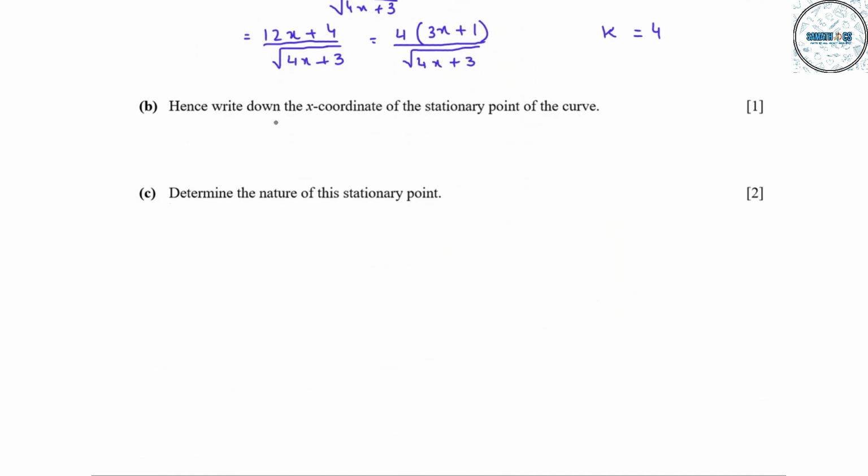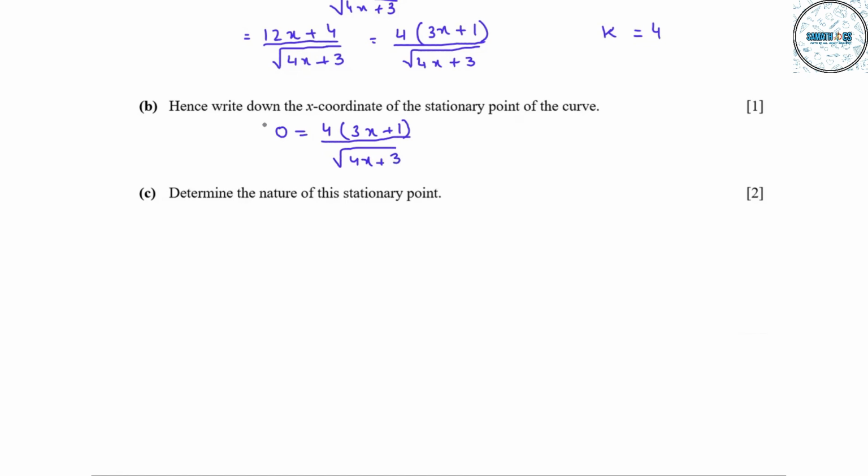Part B, hence write down the x-coordinate of the stationary point of the curve, for which we will take dy/dx as 0. So 0 is equal to 4 into (3x + 1) upon √(4x + 3).